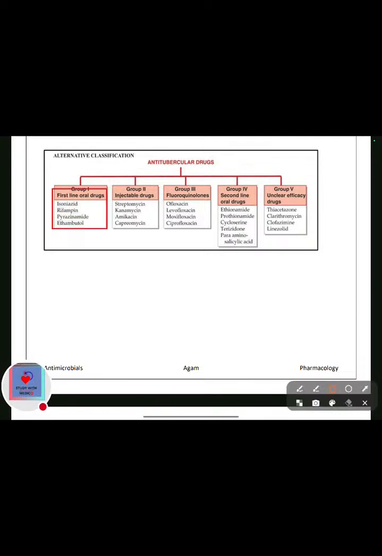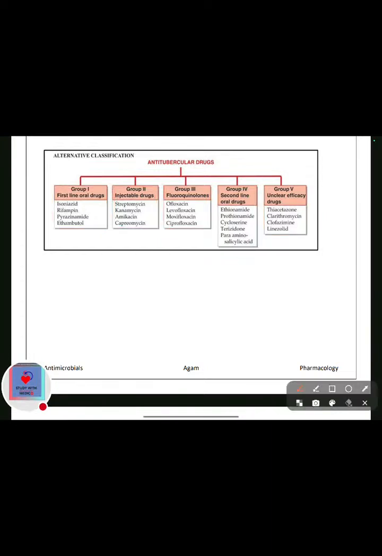Group 1 is first line oral drugs. Group 2 is second line injectable drugs: streptomycin, kanamycin, amikacin, capreomycin. Group 3 is fluoroquinolones: ofloxacin, levofloxacin, moxifloxacin, ciprofloxacin. Group 4 drugs are ethionamide, prothionamide, cycloserine, terizidone, para-aminosalicylic acid. Group 5 is unclear efficacy drugs: thiacetazone, clarithromycin, clofazimine, and linezolid. So these are the drugs.